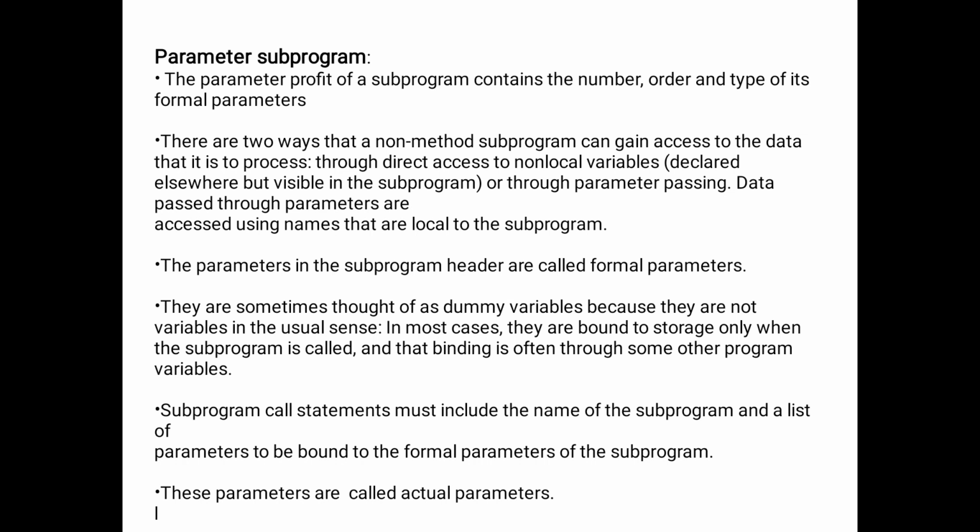There are two ways that a non-method subprogram can gain access to the data that it is to process: through direct access to non-local variables, meaning declared elsewhere but visible in the subprogram, or through parameter passing. Data passed through parameters are accessed using names that are local to the subprogram.